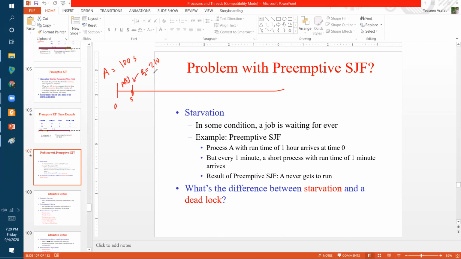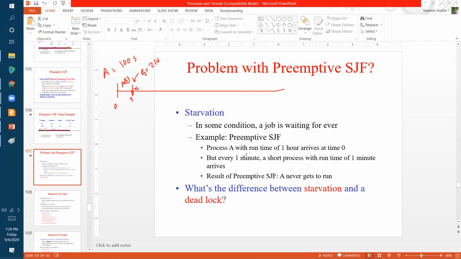P2 will get the CPU because it has the shortest remaining time to finish its job, because A needs 95 more seconds to finish its job. So P2 will take the CPU.